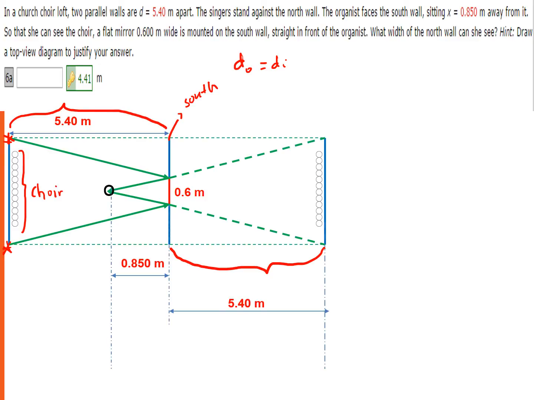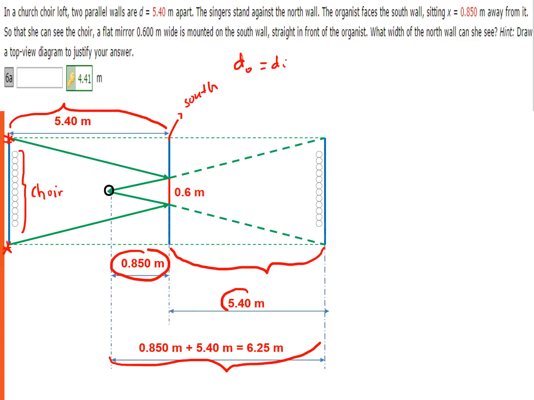We could also obtain the distance of the image from the organist, and that is just equal to the sum of 0.85 and 5.40, which will be equal to 6.25 meters.